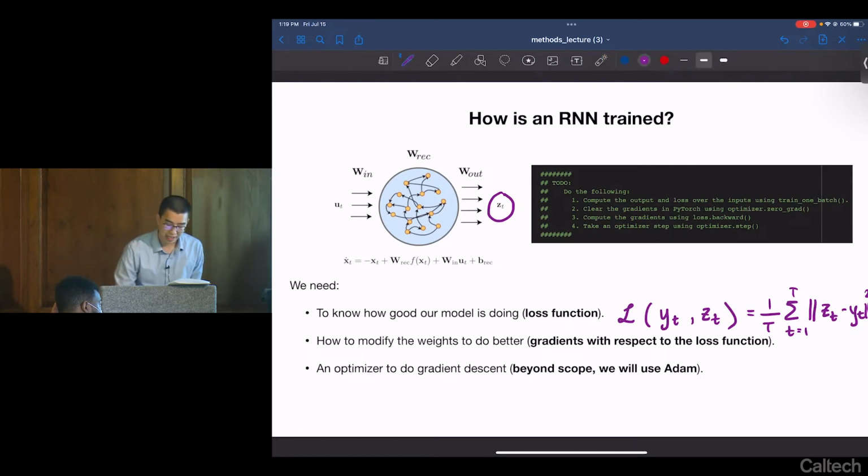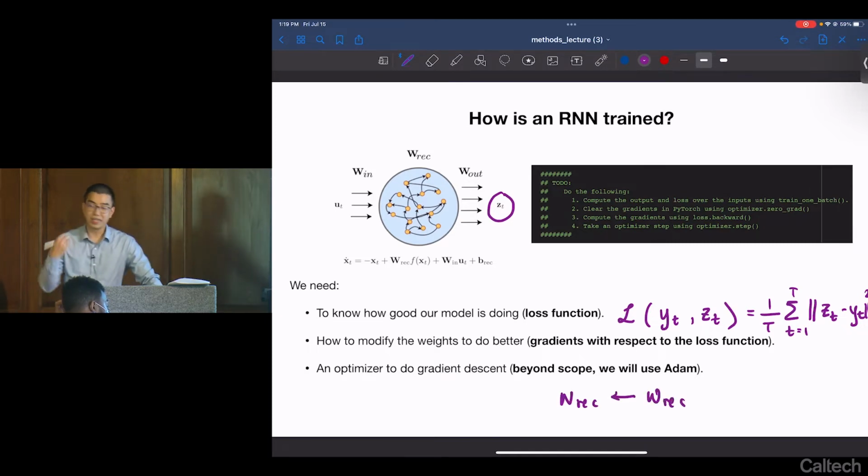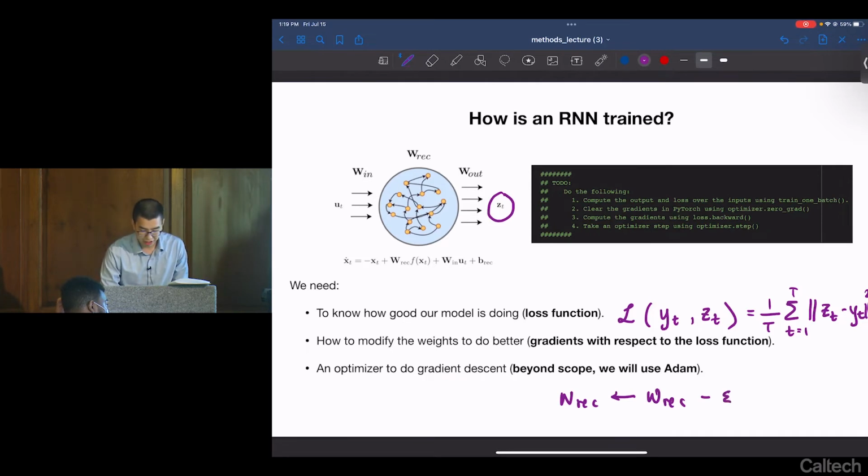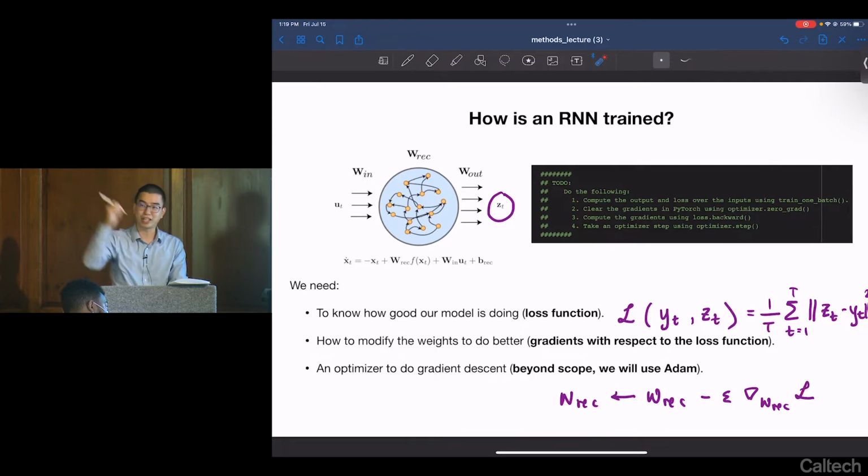The way we do that in stochastic gradient descent is we have an update rule that says my current recurrent weights, wrec, are going to be updated in the direction of the negative gradient of the loss function with respect to those weights. So basically I want to make this loss function as small as possible. So I'm going to take the gradient that tells me the direction to step in to change wrec to make L smaller and smaller. All right.